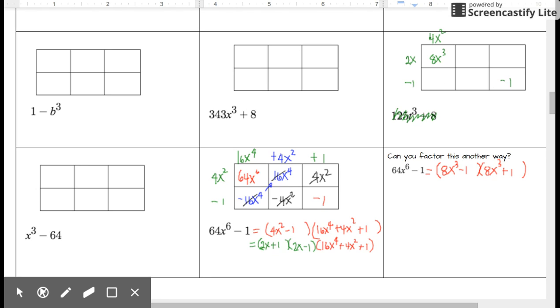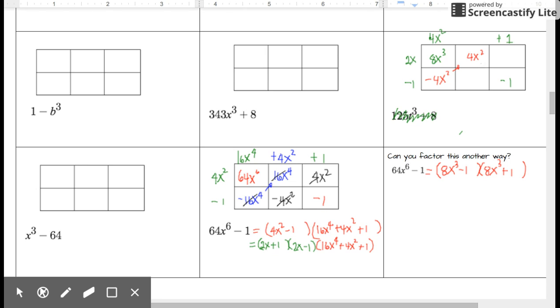Negative 1 times negative 1 times negative 1. So negative 1 times negative 1 goes here, and that's going to give me positive 1. All right, so now we know that this is going to be negative 4x squared. So therefore, this must be positive 4x squared.